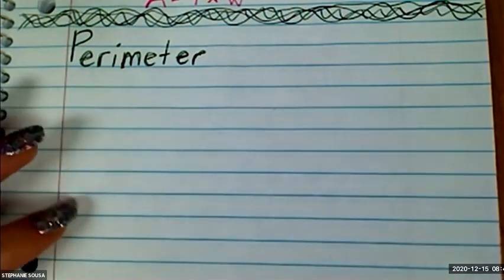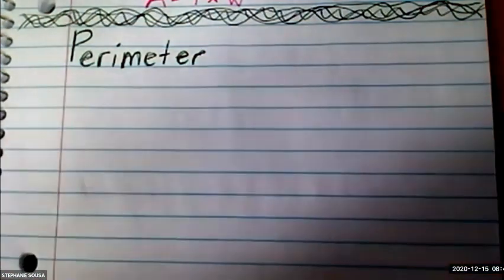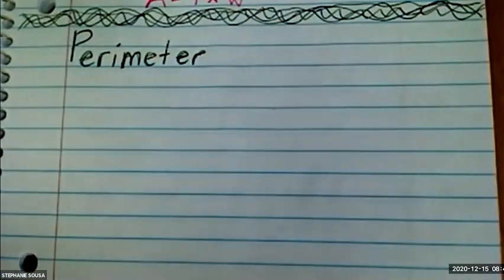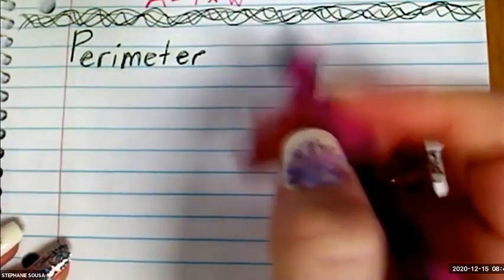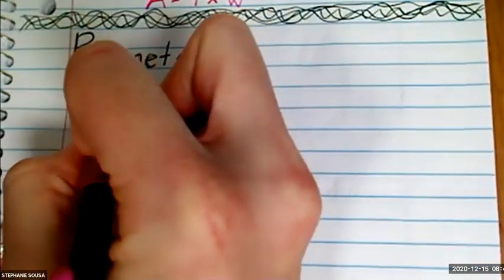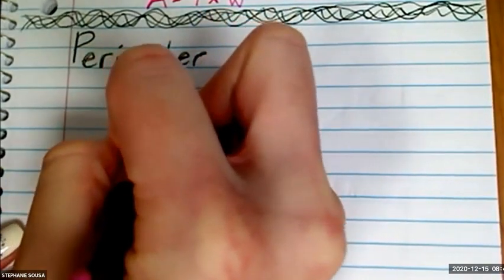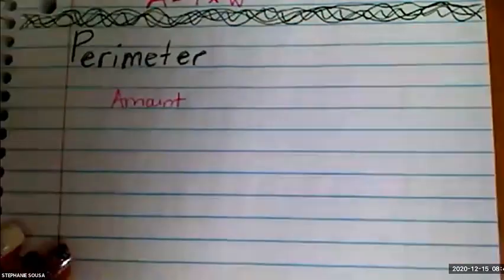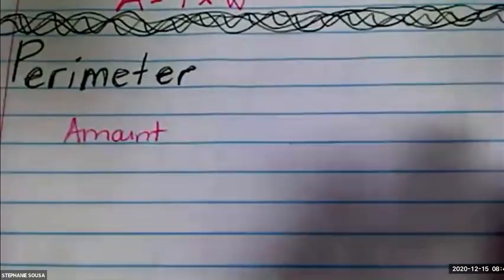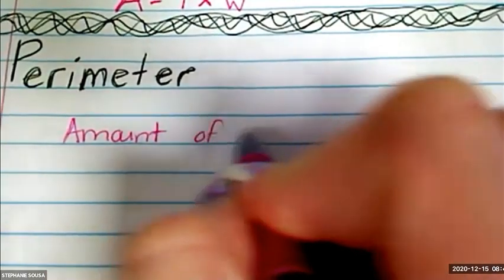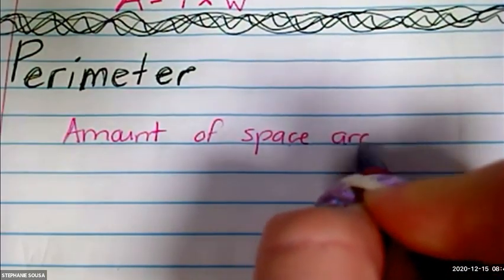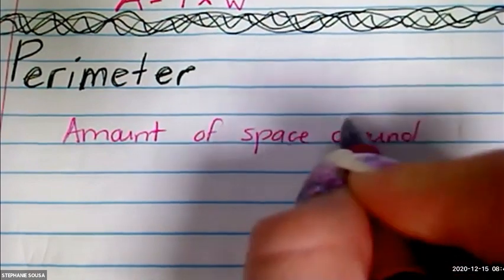And perimeter, we will write a definition first. Perimeter is the amount of space around a shape. So area is inside of the shape. Perimeter is the amount of space around a shape on the outside edges.